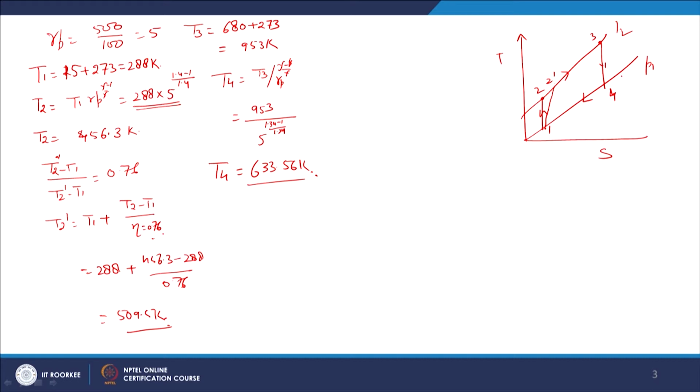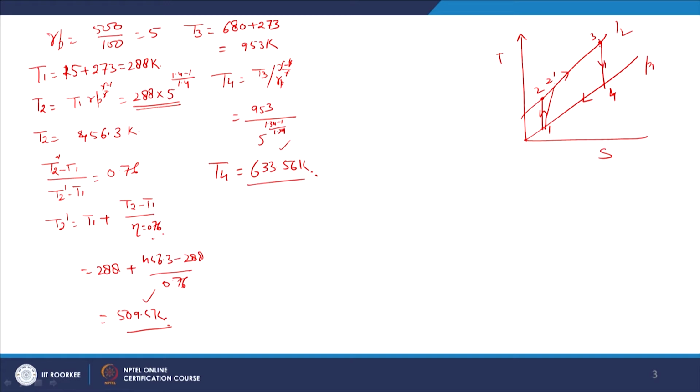It is quite high if you compare it with 2 dash, which is 509.